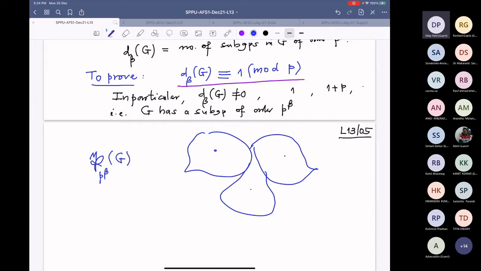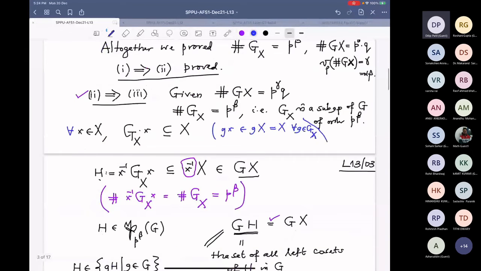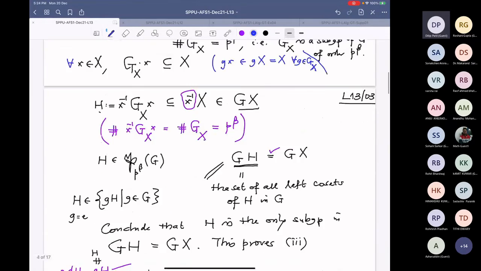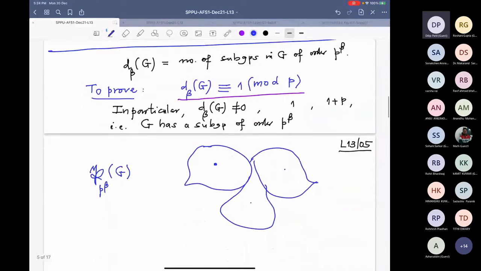And if an orbit contains a subgroup, what is the condition on the cardinality of this orbit? I know. It may not satisfy this condition. If the cardinality doesn't satisfy this condition, then definitely the orbit will not contain a subgroup. So some orbits will contain a subgroup and some may not.